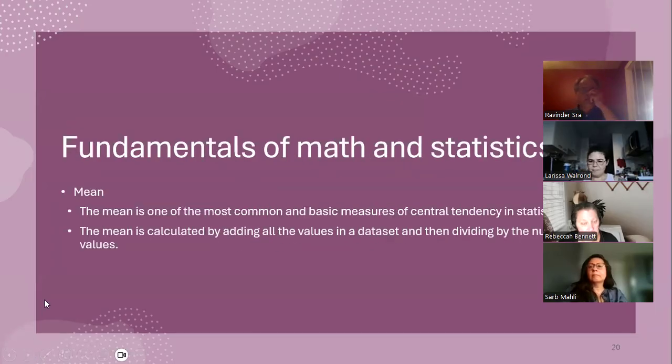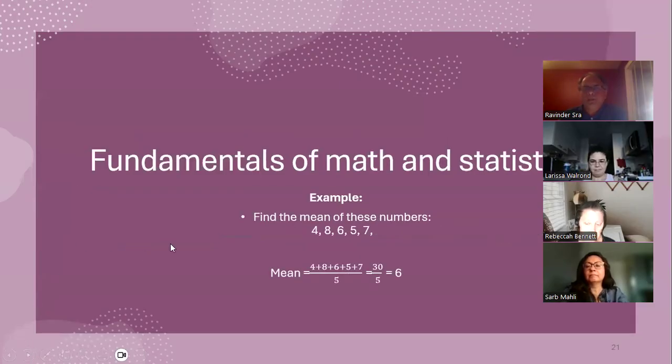Next we come to statistics: the central tendencies, mean, median, and mode. First, we will discuss the mean. Mean is one of the most common basic measures of central tendency. The mean is calculated by adding all the values of a data set and dividing by the number of terms.